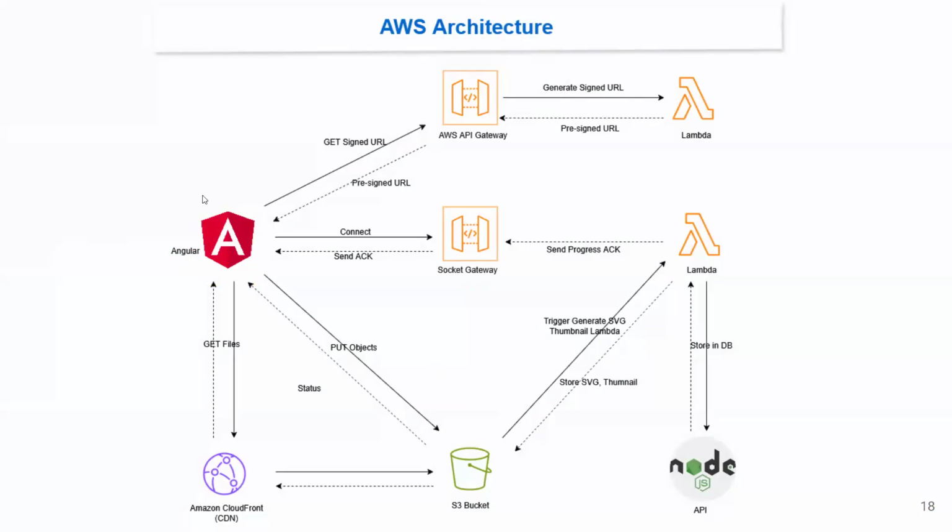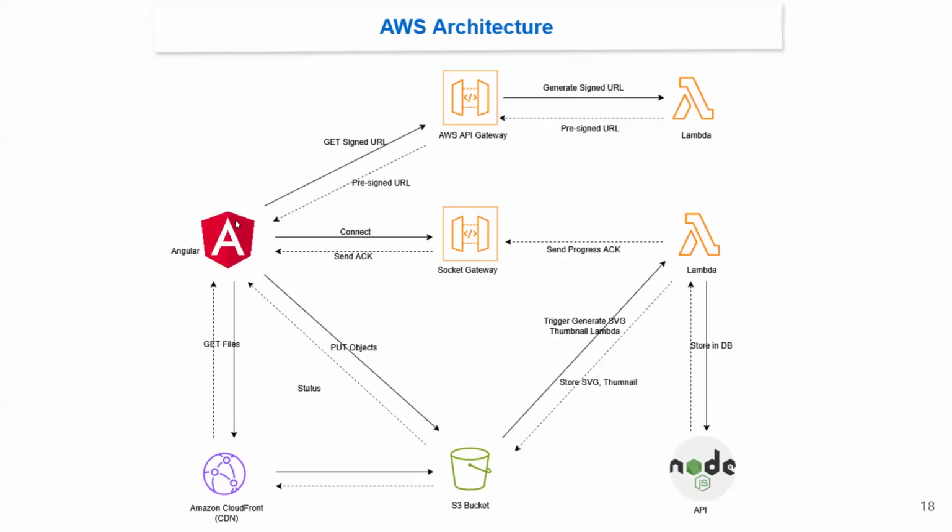I will explain. As you can see, this is the client. For example, I put Angular or React or any kind of client. Our requirement is to upload a PDF file, and each page should be converted to an SVG and thumbnail and stored in the S3 bucket, and for reference, the URLs or other metadata can be stored in a separate database, MongoDB or something.